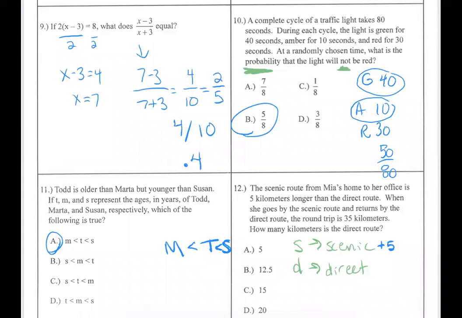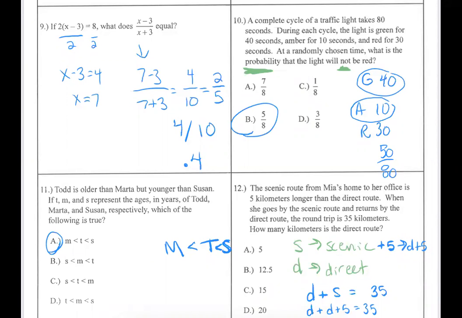So if I use D for direct, the direct route plus the scenic route gives us a total of 35 kilometers, right? So direct plus scenic gives us a total of 35. But I really want to represent the scenic route in terms of the direct route. It's an extra 5. So the scenic would be the same as the direct plus 5.